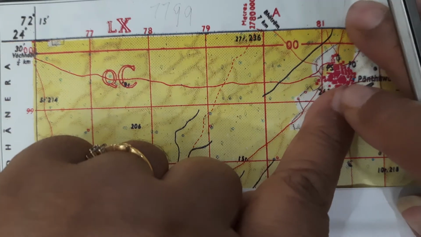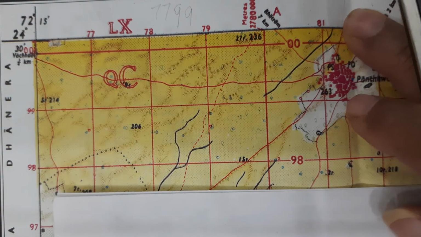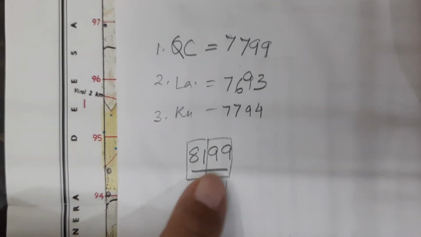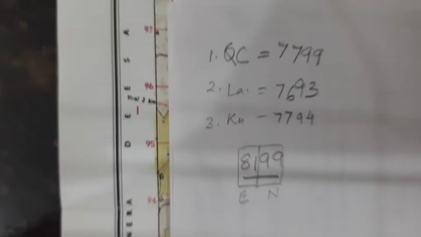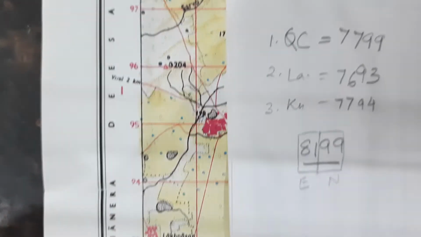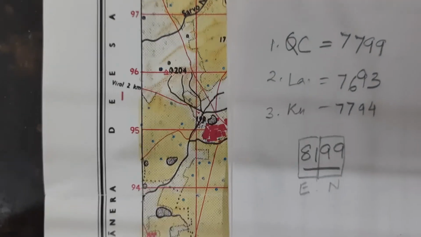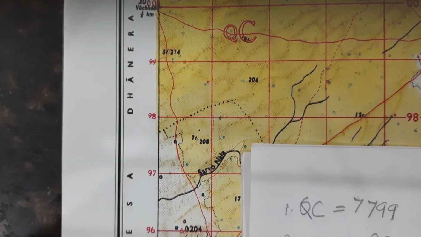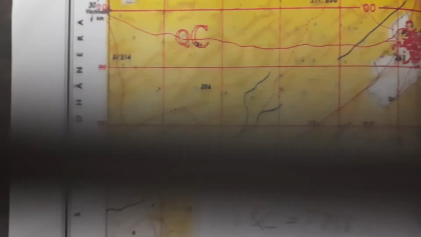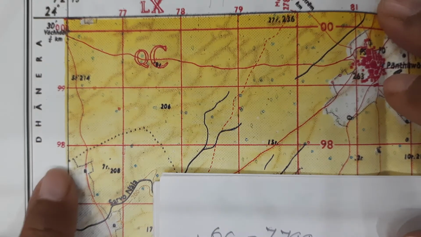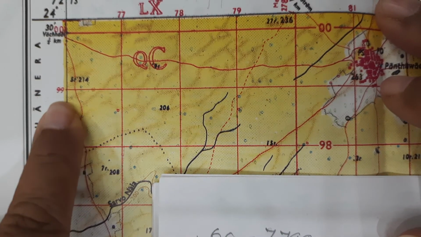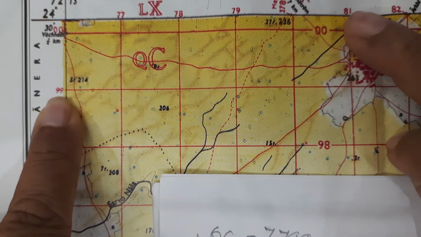So I have located one part over here. Now the second part, the digit 99, has to be on the left side, this side. So now I will find the northing 99 here, and I find it over here. This is 99. This is 81.